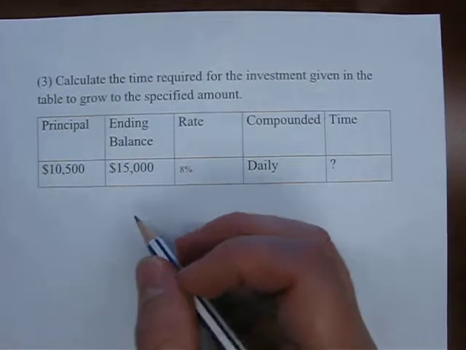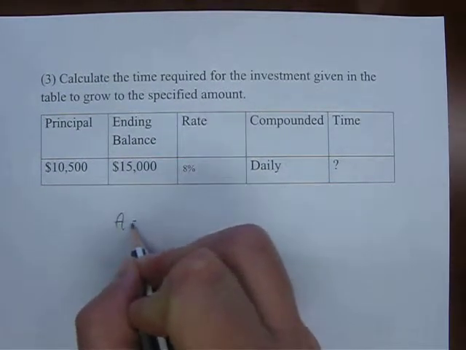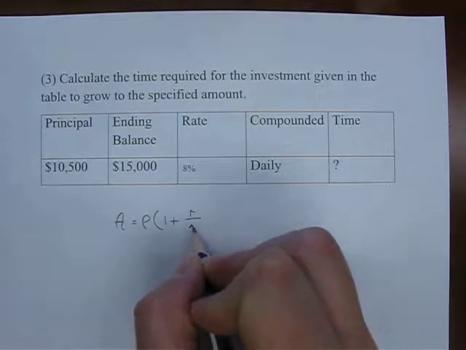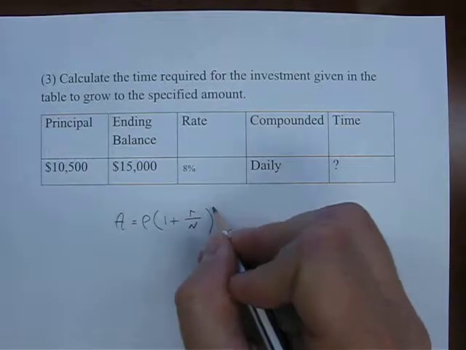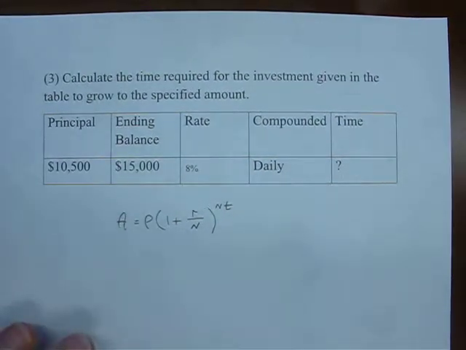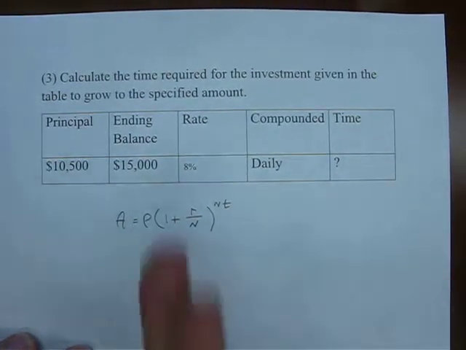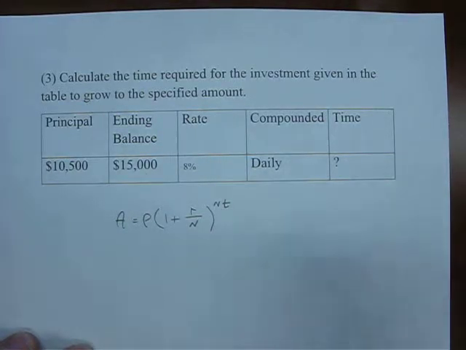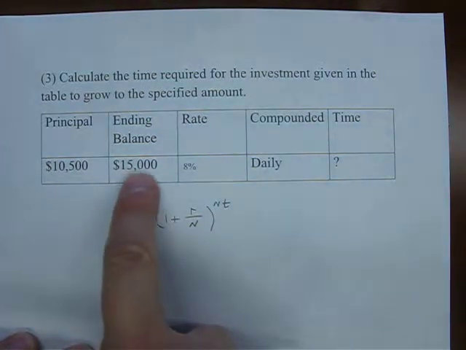But like the others, let's start with our formula. Here's our formula. This somehow must be in play. That's how it works, right? Now let's fill in what we have, and then we'll figure out some way to work through this. So I end up with 15,000.